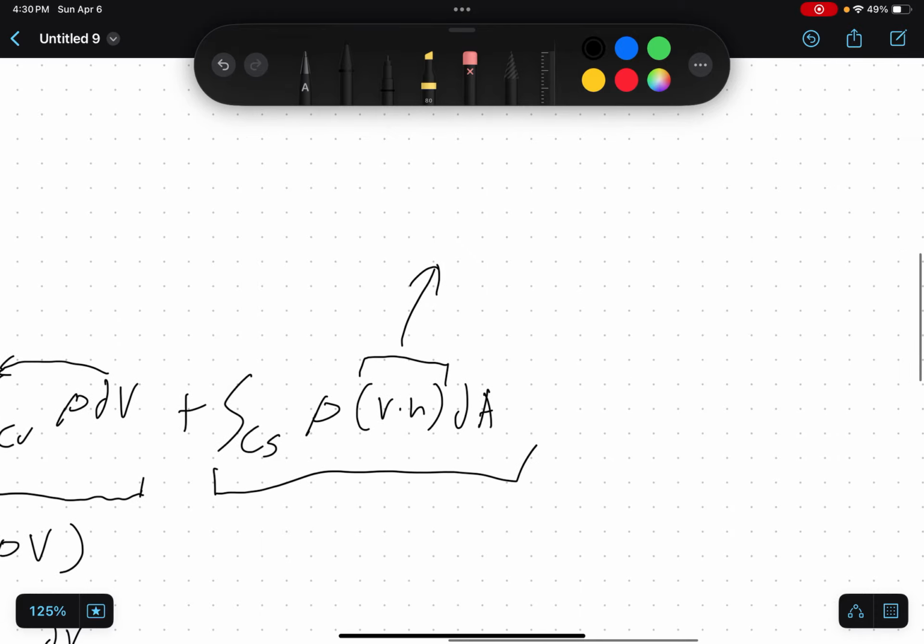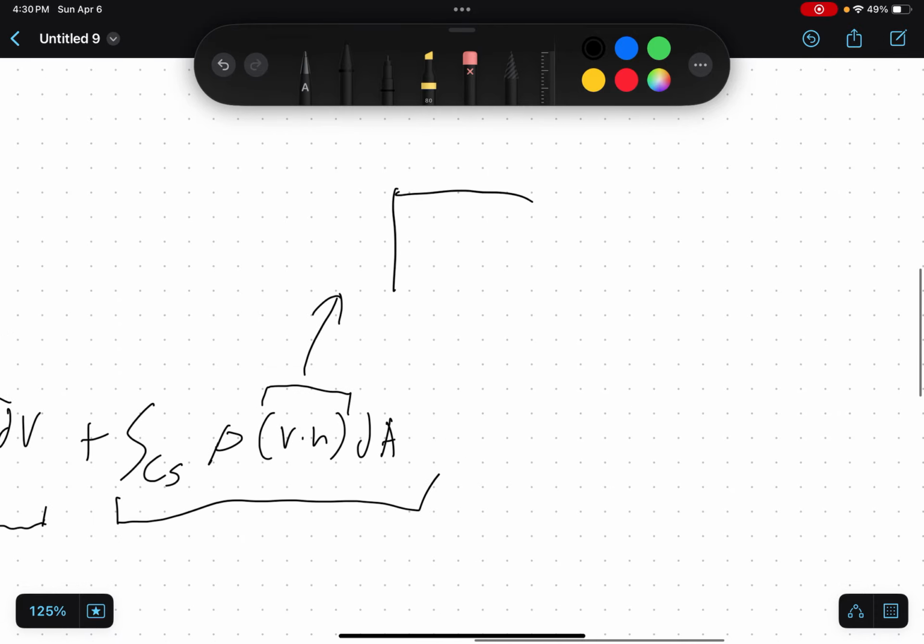So let's say this is your control volume. The surface is the surface of the control volume. Let's say you have a velocity pointed that way. Your normal is also pointed that way. Your normal is always perpendicular to the surface. So up here it's pointed that way.